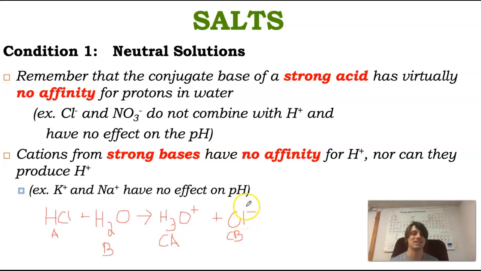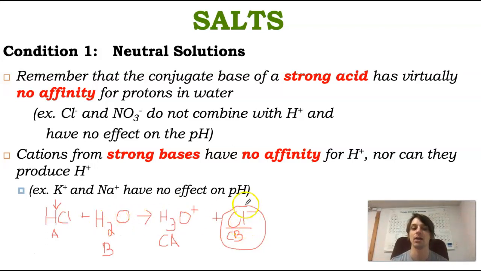So Cl- is technically a conjugate base. But if HCl is a strong acid, is this Cl- conjugate base really strong at all? Remember, conjugate bases of strong acids and conjugate acids of strong bases are very weak.